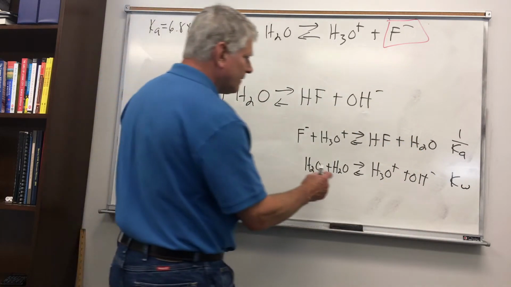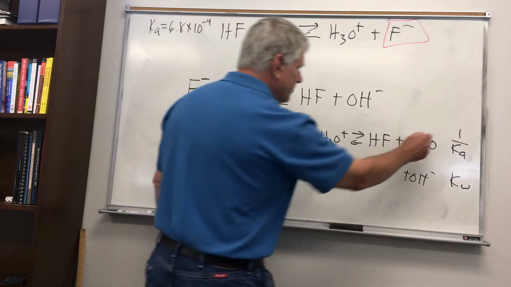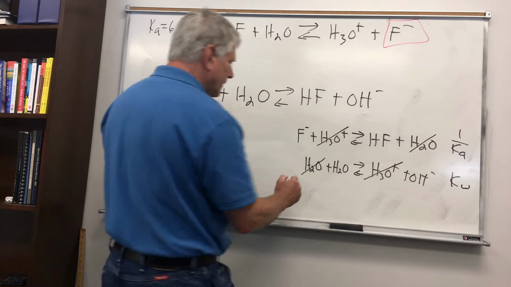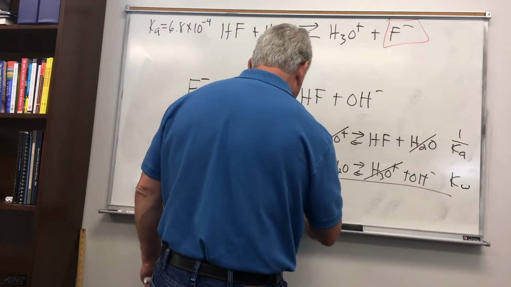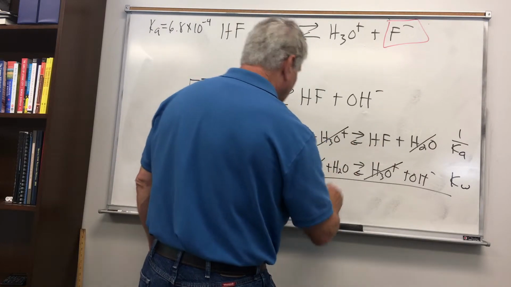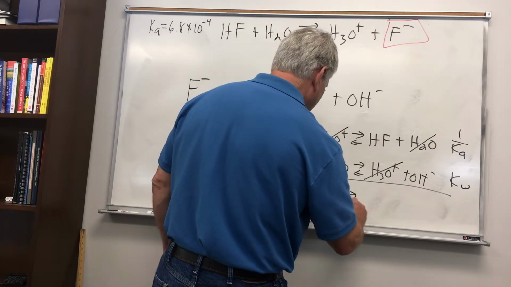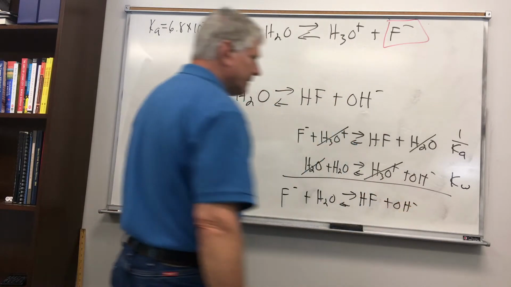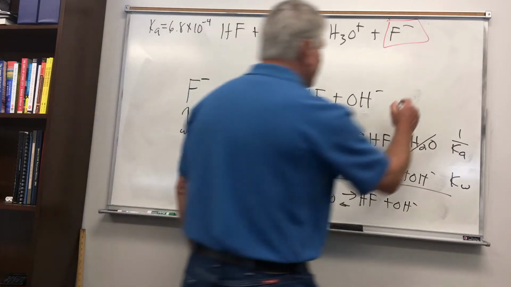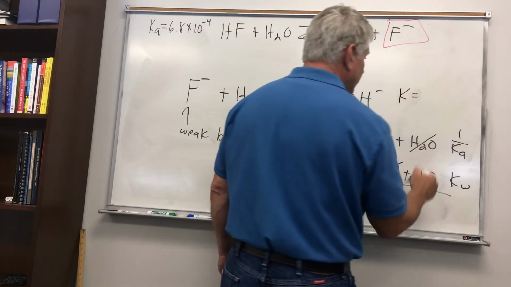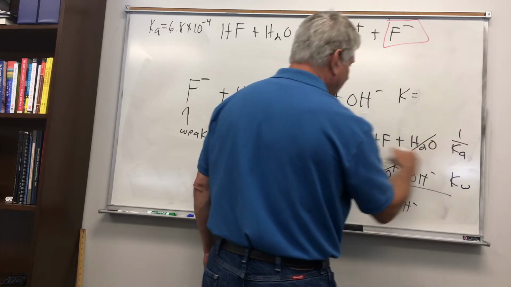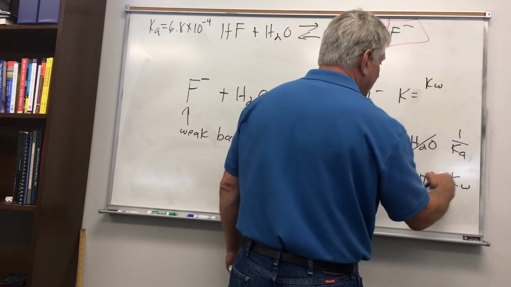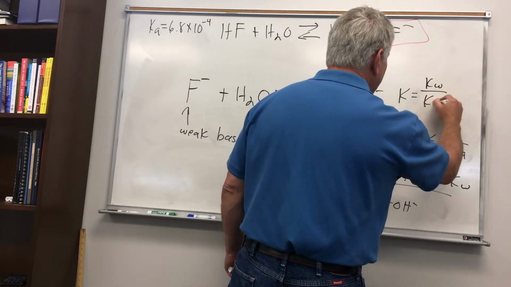Now, if I look at what cancels, one H2O cancels, H3O plus cancels, and the only thing I'm left with is F minus plus H2O giving HF plus OH minus. So the equilibrium constant for this reaction is the product: if I add equations, I multiply their equilibrium constants. So this would be Kw times 1 over Ka.